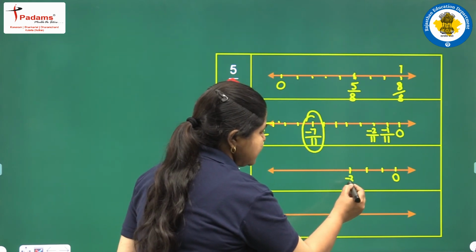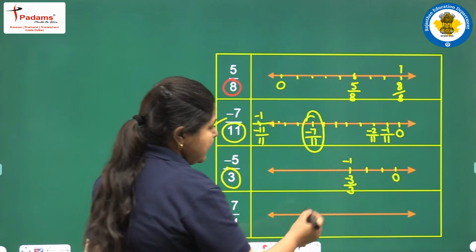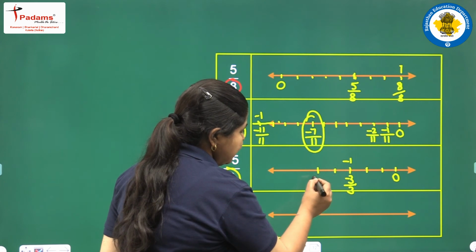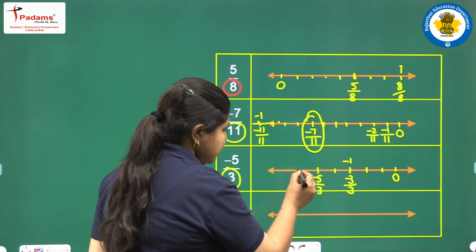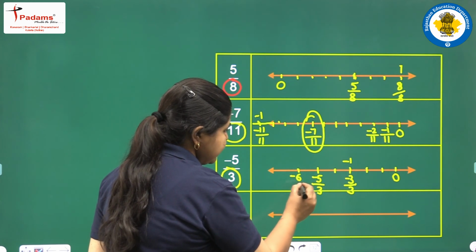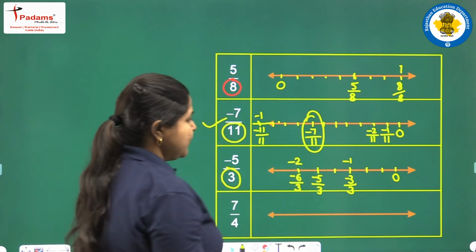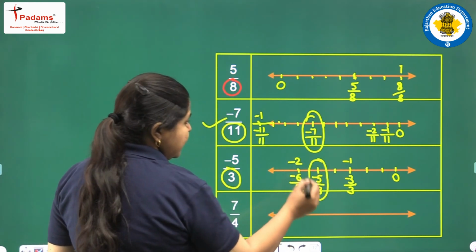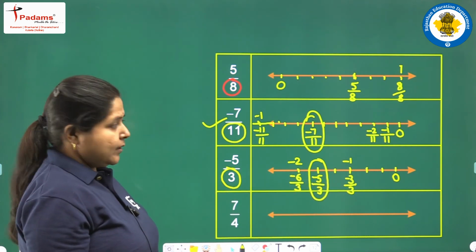This is minus 3 upon 3 which is equal to minus 1. Then minus 4 upon 3, minus 5 upon 3. This is minus 5 upon 3, and then minus 6 upon 3. Cut the 6, you will get minus 2. So this number minus 5 upon 3 lies between minus 1 and minus 2.